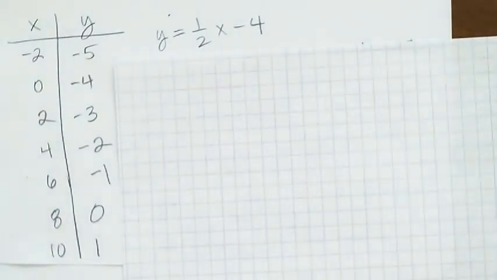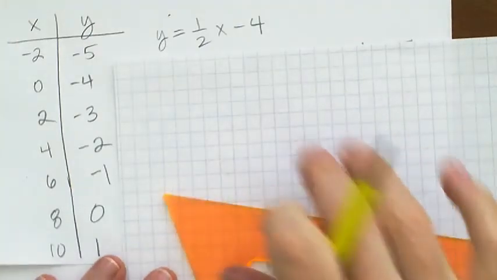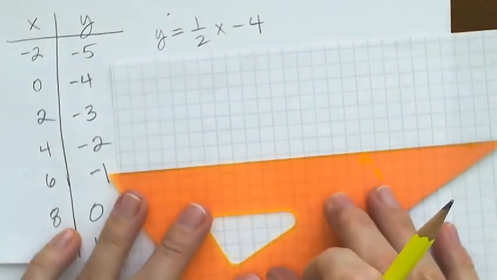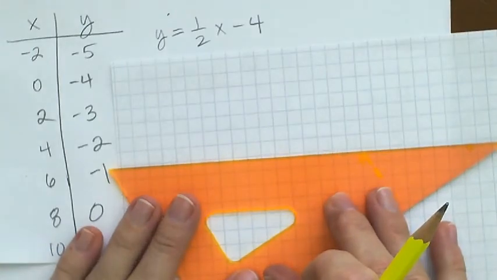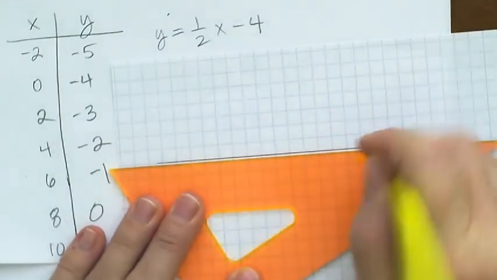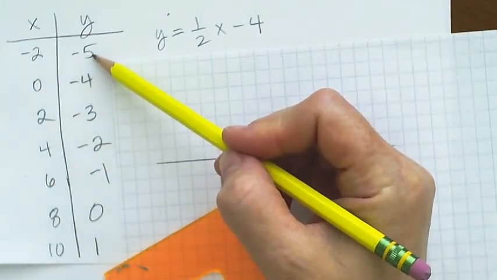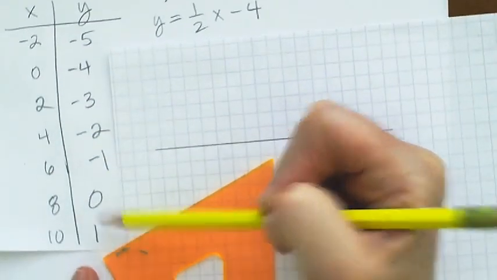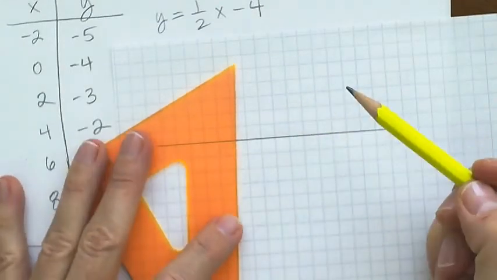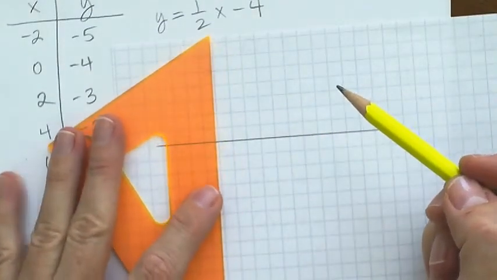Okay, you should have a ruler at home, a straight edge. Let's do a quick x and y axis on our graph paper. And I'm noticing that my lowest y value is -3, my highest is 1, so that's why I'm putting the x-axis so close to the top.